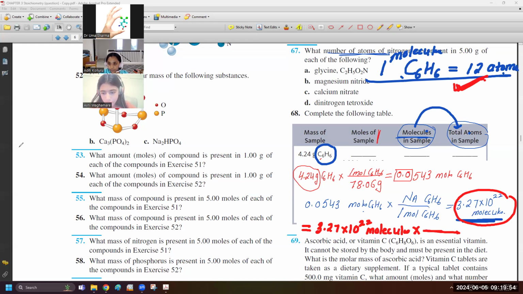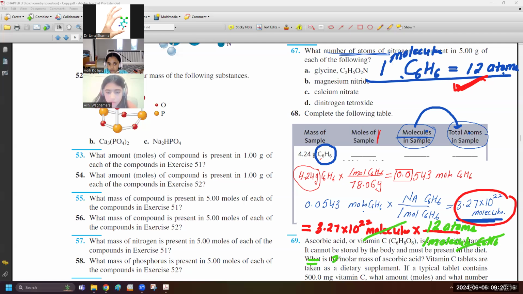What should go in the denominator so that you get your answer in the right unit? 12 atoms. Yes, very good. One molecule C6H6. Very good. And this cancelled? Yes, very good, Avni.